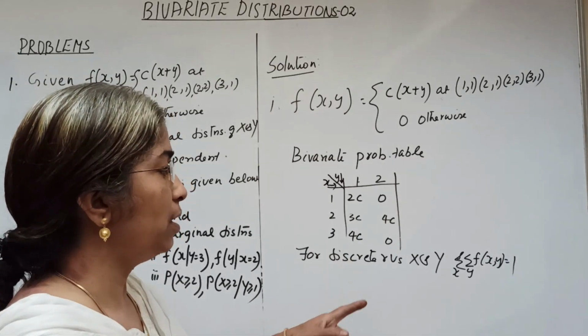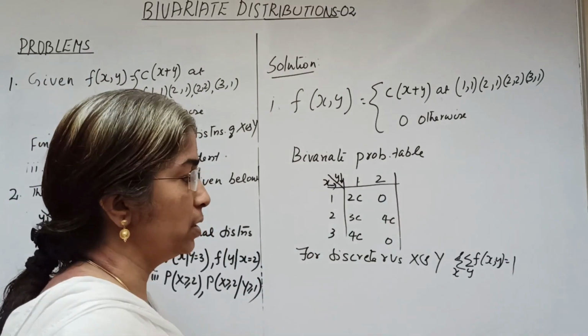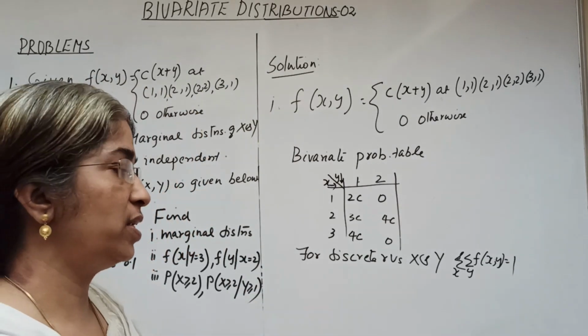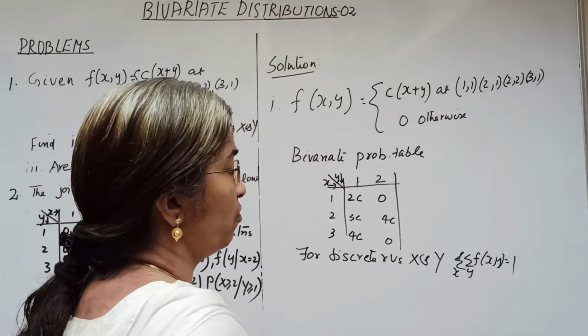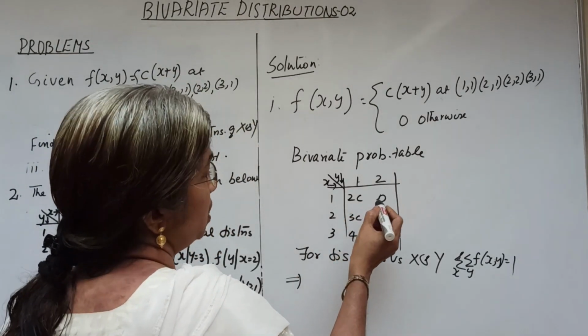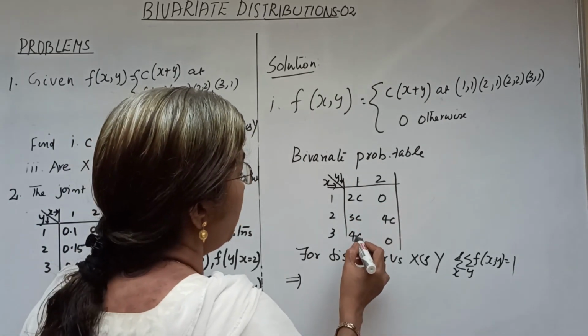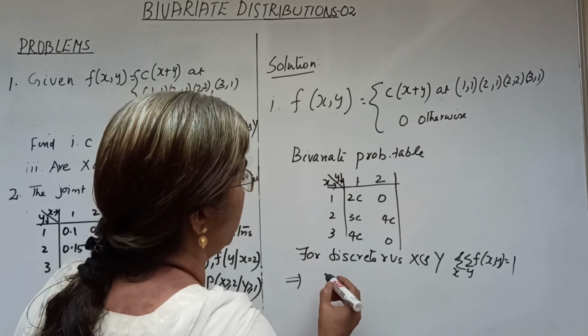So in order to find c, we solve the equation sigma over x, sigma over y, f of x, y equal to 1, which implies 2c plus 0 plus 3c plus 4c plus 4c plus 0 equal to 1.